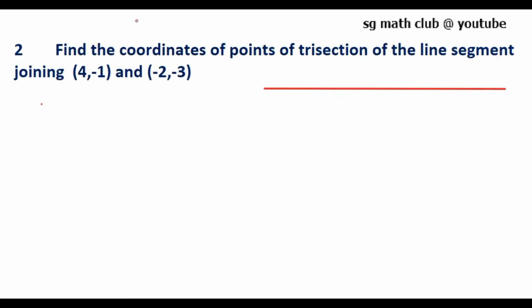So next question: find the coordinates of the points of trisection of the line segment joining (4, -1) and (-2, -3). Let AB be our line segment. Coordinates of A be (4, -1) and B be (-2, -3). Now we need to find the coordinates of the points of trisection.